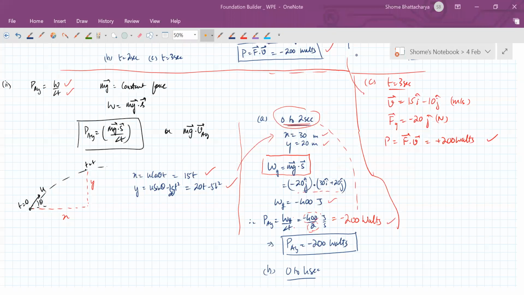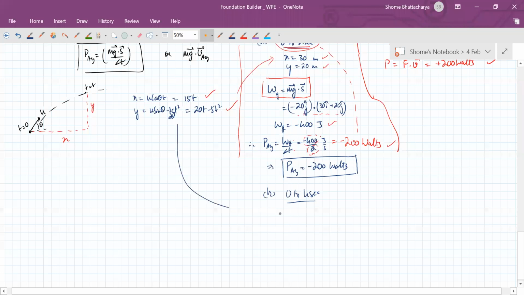Yes, very good, beta. That's correct. Hitanshu, your answer is correct. Okay, so exactly the same method everybody else can also work out.